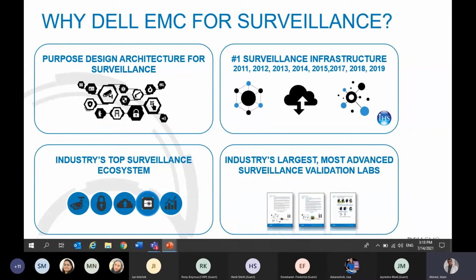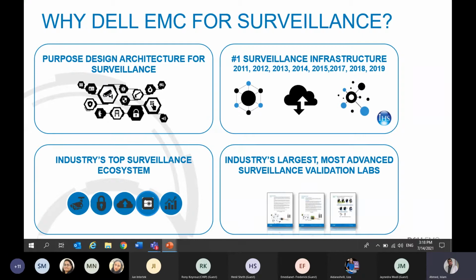So this kind of ecosystem is unique for Dell EMC. You cannot find any other vendor in the competition that can provide this kind of ecosystem with a proven video surveillance management software.